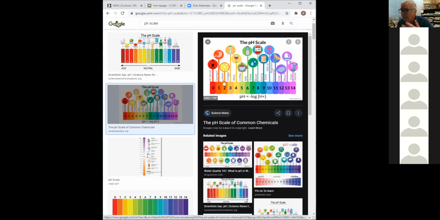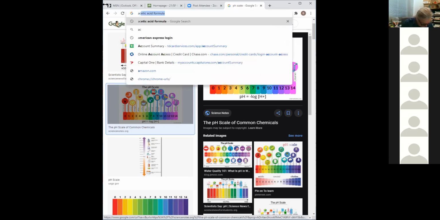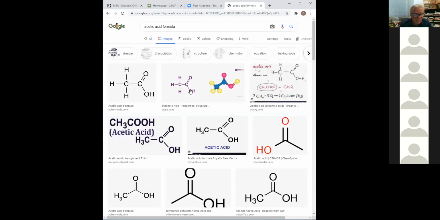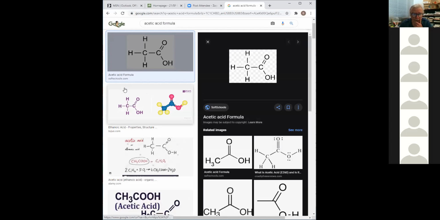As opposed to a weak acid, which would be like organic acids, like acetic acid. Let me pull that up. Okay, this is an acid.